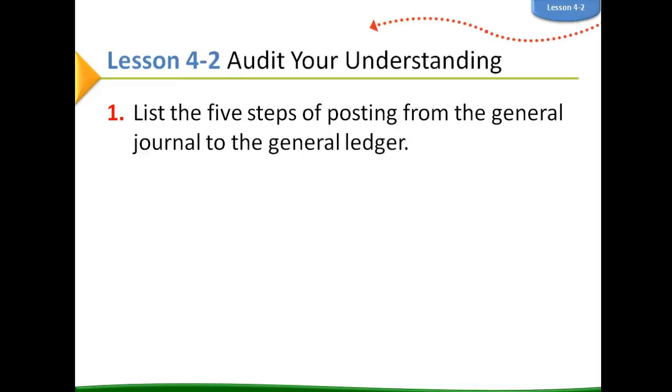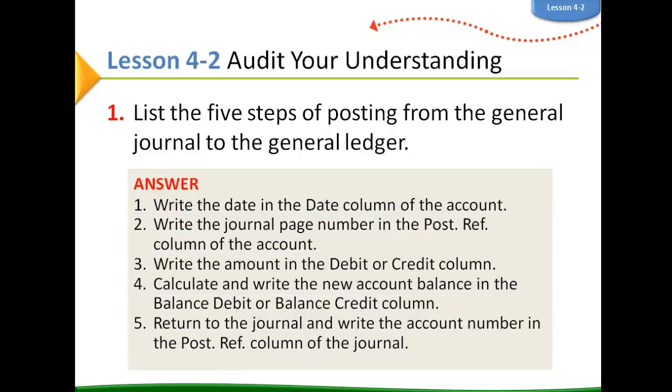Okay, so 5 steps of posting from the general journal to the general ledger. And remember, we post from the journal, which is in chronological order from all the transactions that have happened, into the general ledger accounts so that we can keep that balance information for all of our accounts. So what are the 5 steps?